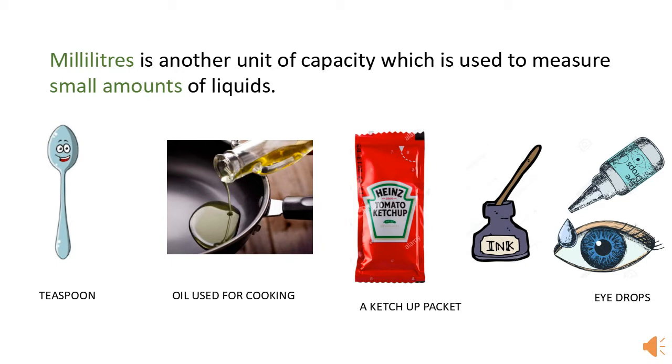So for that also, which is the correct unit to be used? Yes, that is also milliliters. Now you will read the capacity of a ketchup packet, an ink pot, eye drops, and tell me tomorrow. Okay?